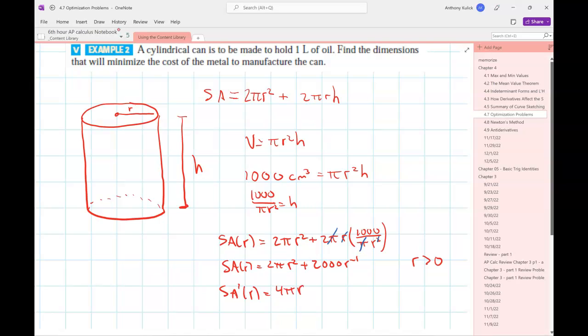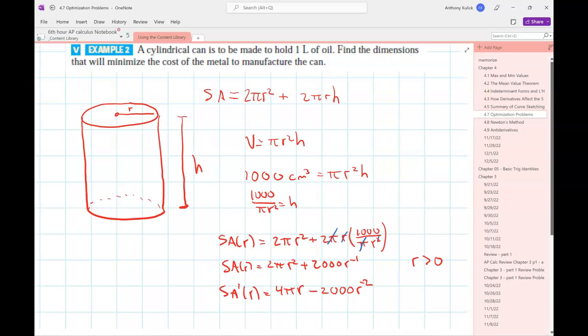And notice that with the way that I wrote this, it's a really easy derivative to do. So first thing we'll do is looking for critical values.